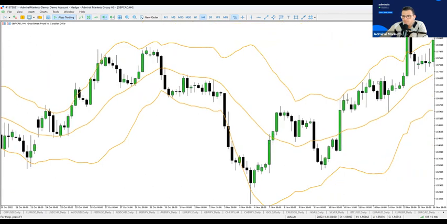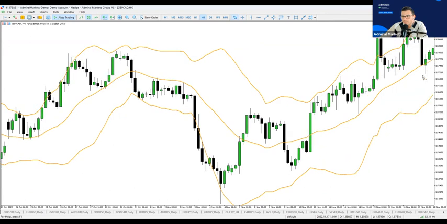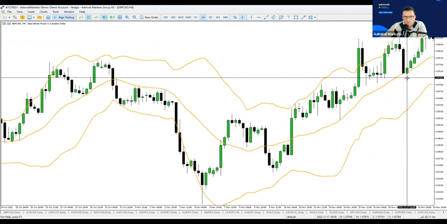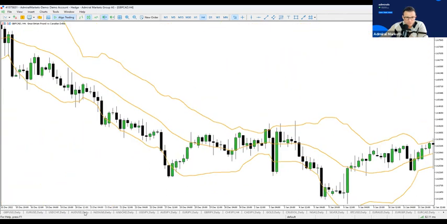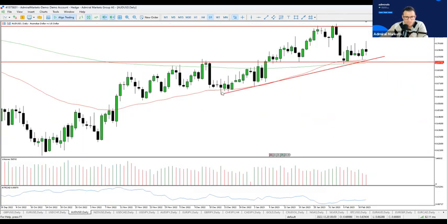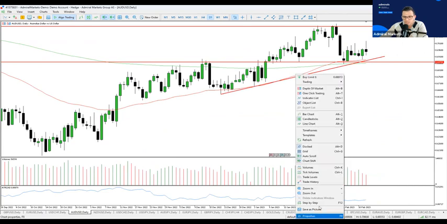We see a nice trend. Break outside, the price comes here. We talked about that example. Let's go to the Australian dollar against the US dollar. Let's try this.